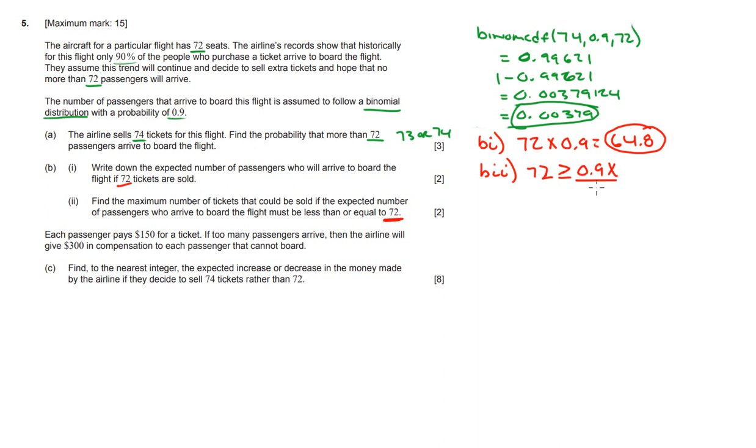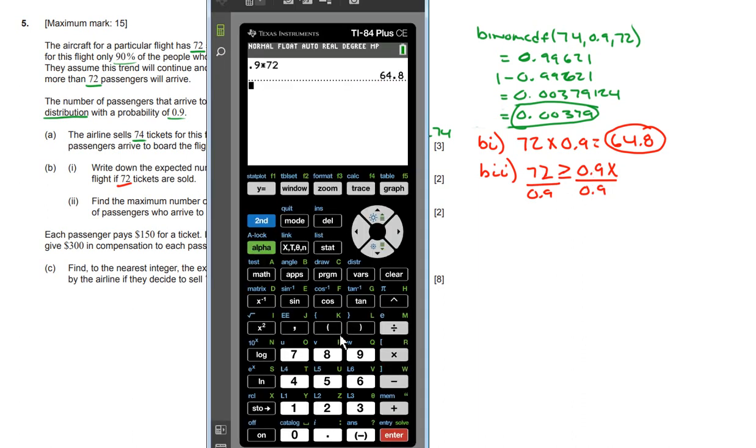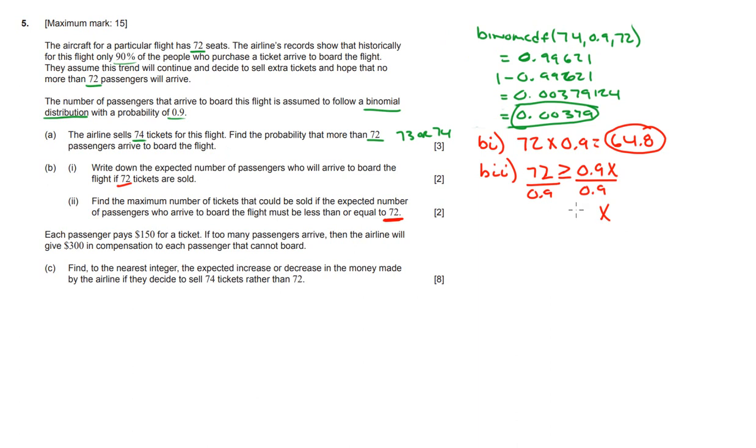Then we would simply divide both sides by 0.9, because we're saying 90% of what number is going to give us at absolute most 72, right? So we take our 72 divided by 0.9, and that gives us 80. So X is going to have to be less than or equal to 80. Okay.